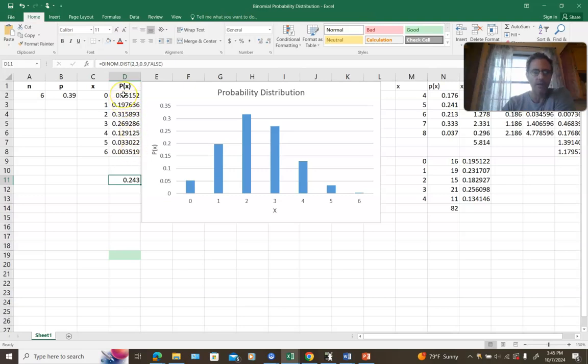And the way I did this, guys, is what I showed you in part 1. Okay, so use that binomial distribution, and I'm just referring to different cells here. So I'm telling it for my value of n to grab whatever's in this cell, for my value of p to grab whatever's in this cell, and then for my changing values of x to grab these corresponding values of x. Okay, so anyway, you don't have to know all this, but these are the values that you would get.